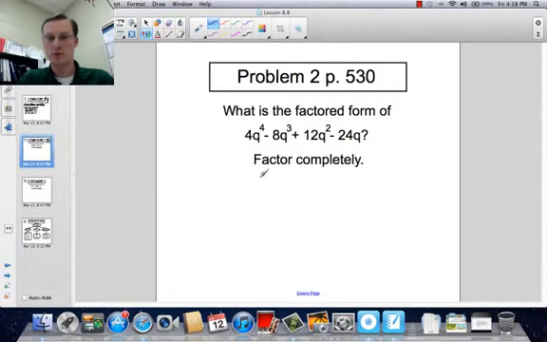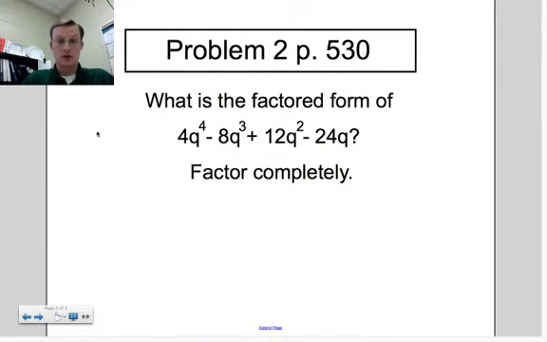What is the factored form? We're going to factor completely. The first thing we want to do is go through, you could just divide it, it's sort of a shortcut, or you could go through the prime factors. That's what I'm going to do. So 2 times 2 times 1, 2, 3, 4. I can say plus negative 1. 8 is 2 times 2 times 2.